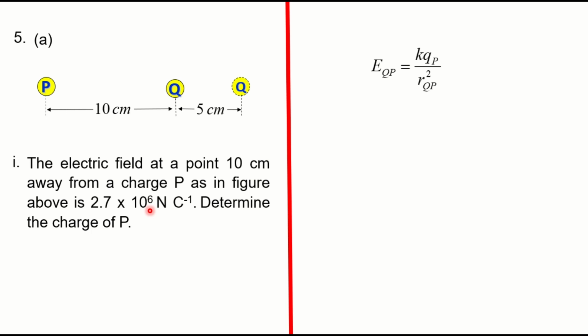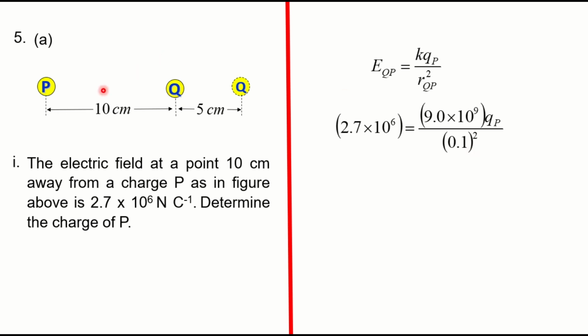So it's actually a very easy question. We just use the electric field strength formula, which is E due to charge P equals K, charge of P, Q_P, over R, the distance between Q and P, squared. E is 2.7 times 10 to the power of 6, which is given in the question. We substitute K equals 9.0 times 10 to the power of 9, divided by 0.1 squared.